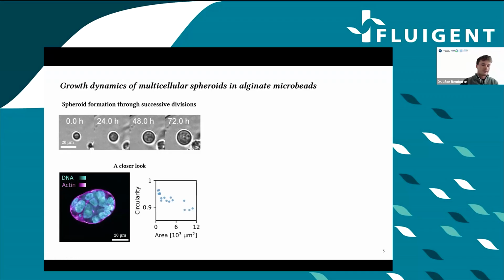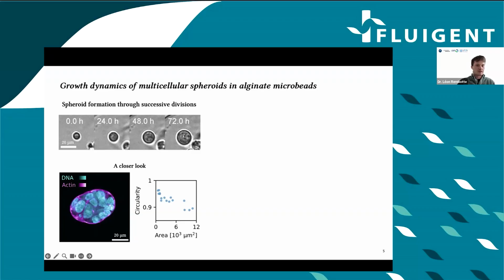And what you can see here is a ring of actin, a shell of actin, all around the cells, which is a marker of growth under confinement, which is exactly what we have in the alginate microbeads.